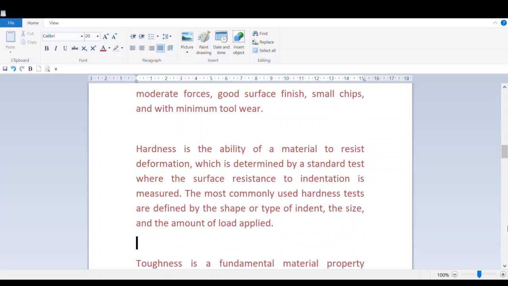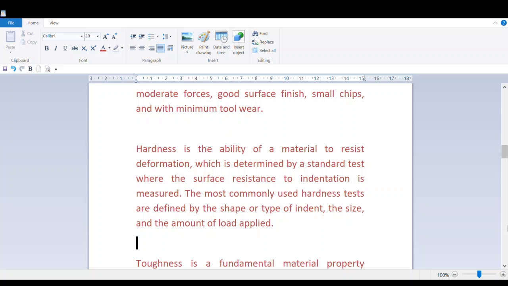Hardness. What is hardness? Hardness is the ability of a material to resist deformation. If you imagine Vickers hardness and Rockwell hardness, they apply force on the material using a ball or a diamond tip, and if the indentation mark made by the machine is bigger, you consider that material to be softer.